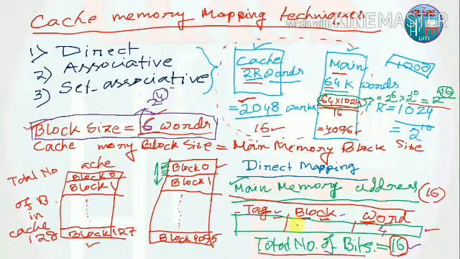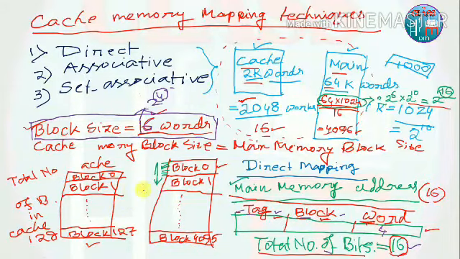If you can find out any one, if you can find out the tag, then easily you can find out the size of the block, because the total will be 16. If you get two values, then easily you can find out the third one. It will not be any problem. So how to calculate?